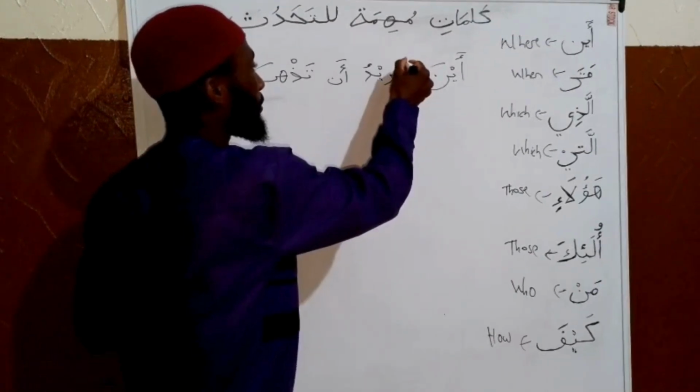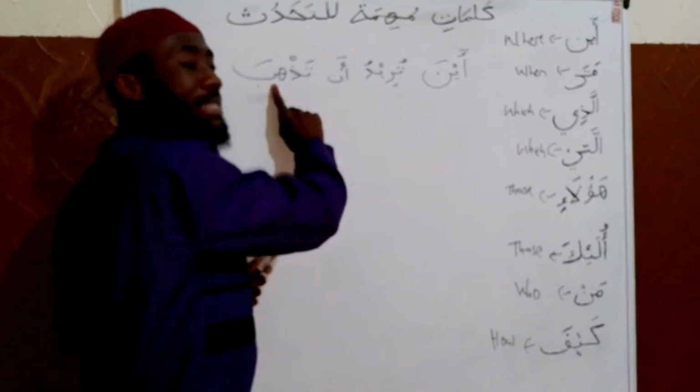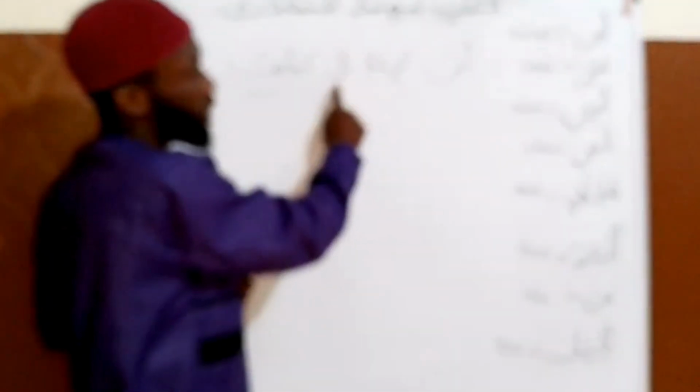This is تذهب, which has a fatha because of this an.